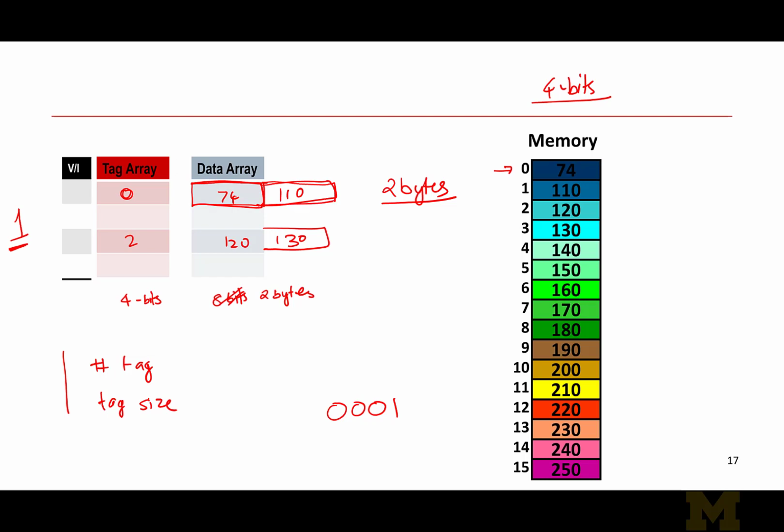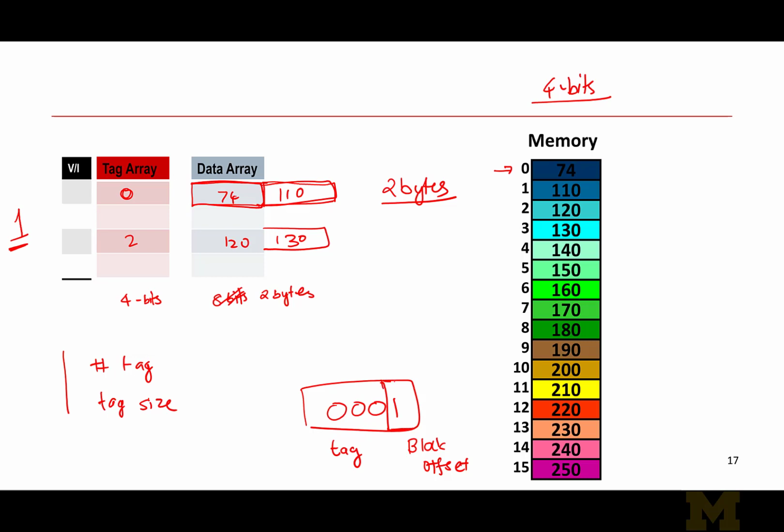So what I'm going to do is, in the given address 1, I'm going to separate that into 2 parts. The first part I'm going to call the block offset, and the second part is going to be the tag. So for the address 1, the tag is 0 and the block offset is 1.